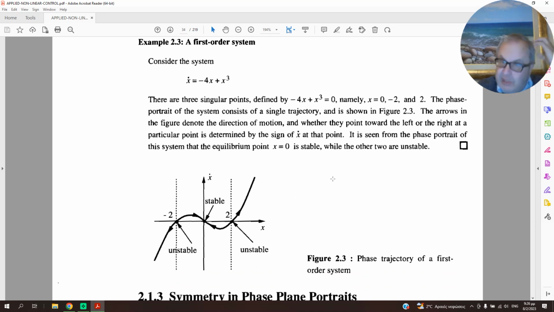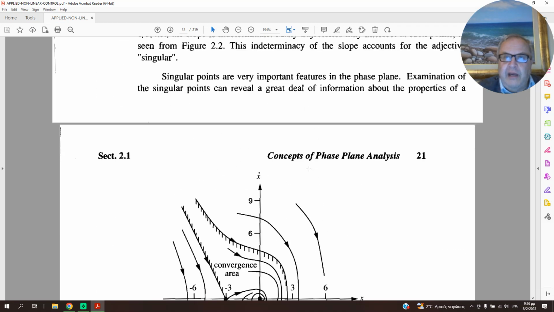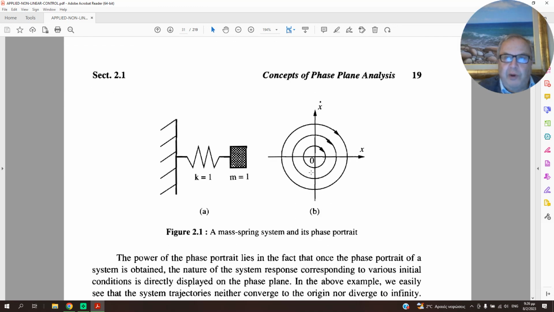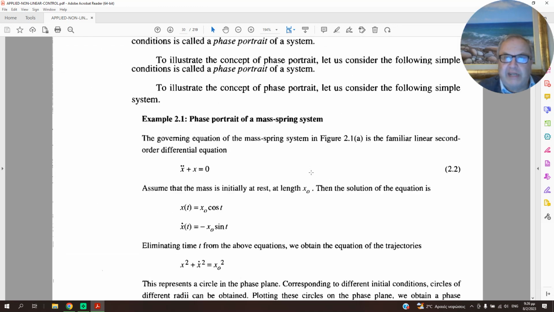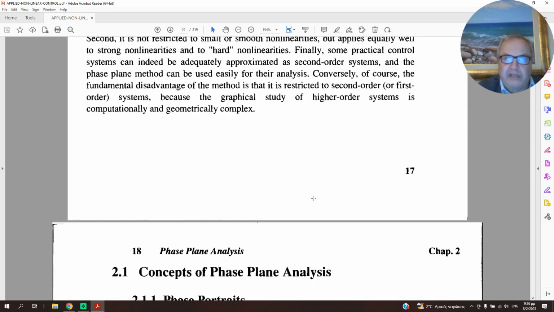Let's depict these equilibrium points in our phase portrait.